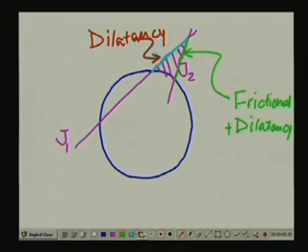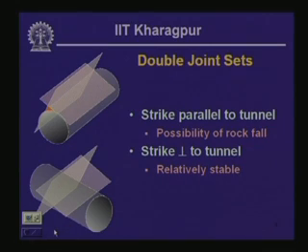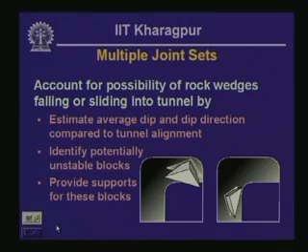These two factors are going to contribute to the stability of the wedge, and it may so happen that the wedge is inherently stable and is not going to be susceptible to falling over into the opening at all. We are going to consider this using the problem involving multiple joint sets in this particular slide.